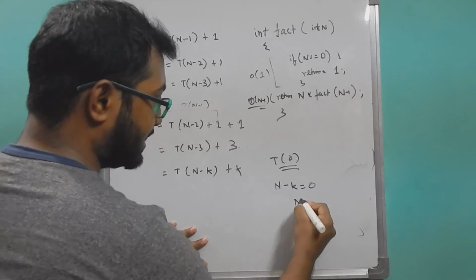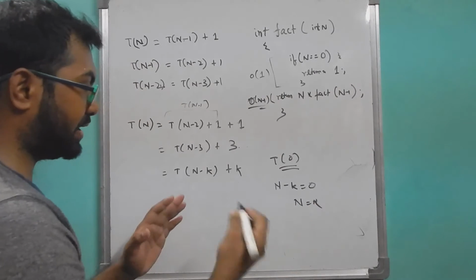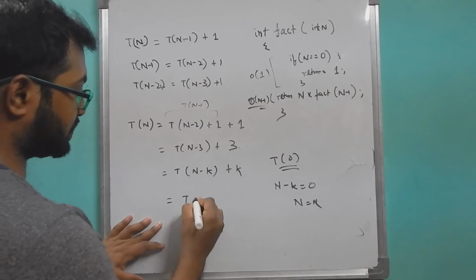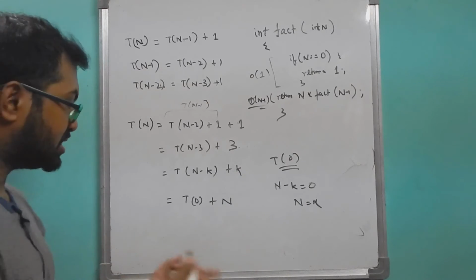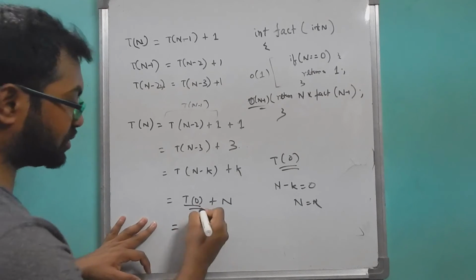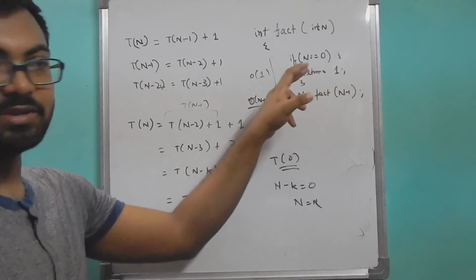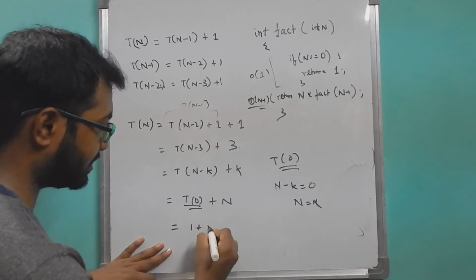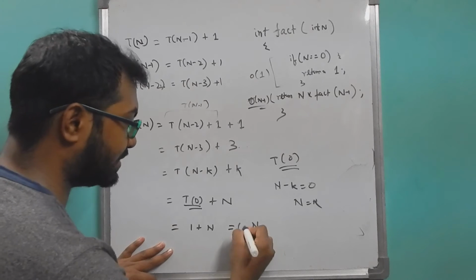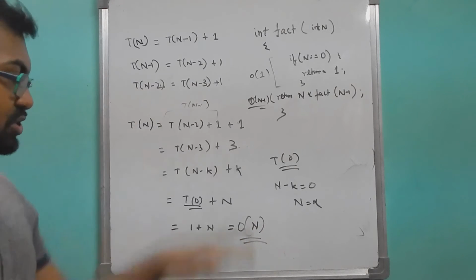In that case, n becomes k, so T of 0 plus k equals T of 0 plus n. T of 0 equals 1 because it's returning 1 if n equals 0. So 1 plus n, or you can just write n. And that's the time complexity for this code.